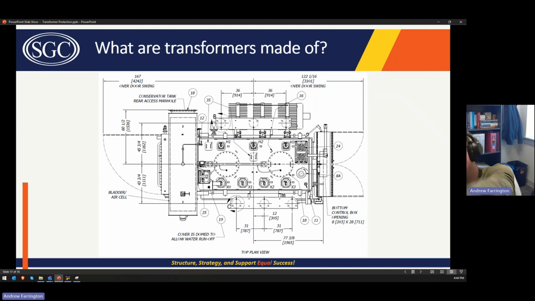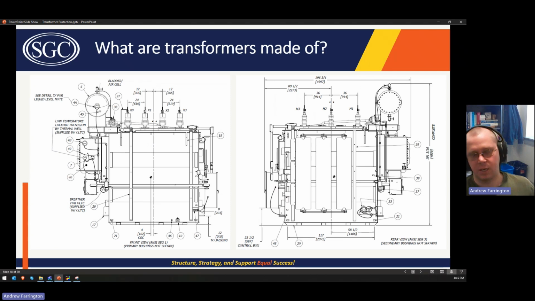If it's on the bottom of the page, obviously you could do H1, H2, H3. But if you rotate your transformer so the high voltage winding is at the top of the page, you will always find that the bushings are H1, H2, H3, and X1, X2, and X3. That's the way it'll always be. For a breaker, it's 1, 3, 5, 2, 4, 6.